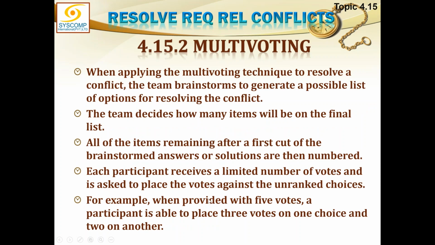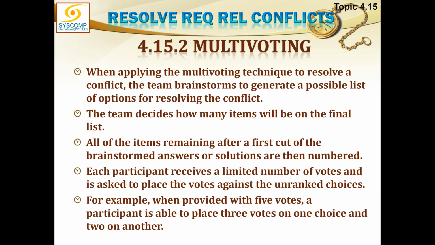Then there is multi-voting. When applying the multi-voting technique, which we have tried out before, to resolve a conflict, the team brainstorms to generate a list of possible options for resolving the conflict. The team decides how many items would be on the final list. All of the items remaining after a first cut of the brainstormed answers are then numbered.